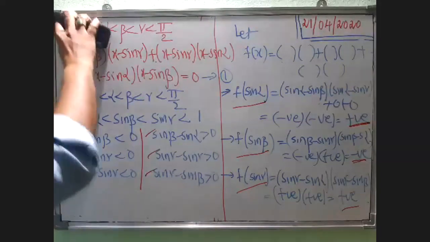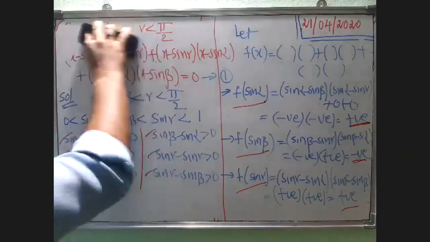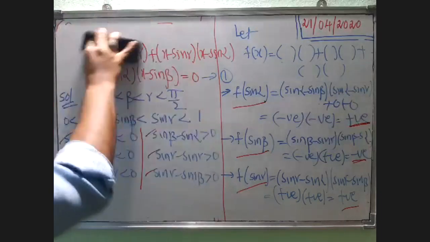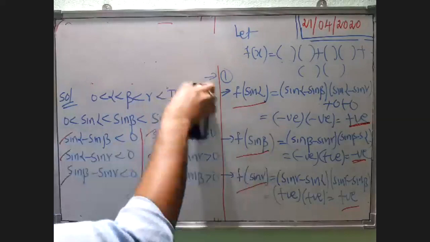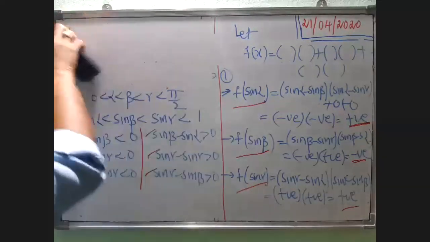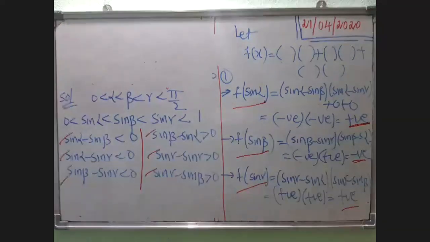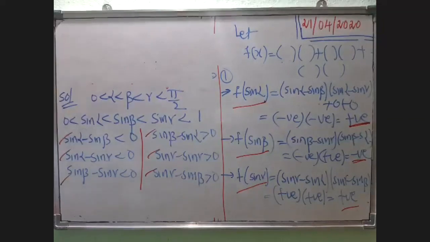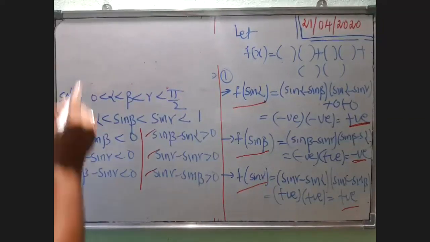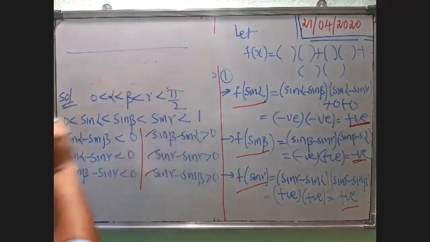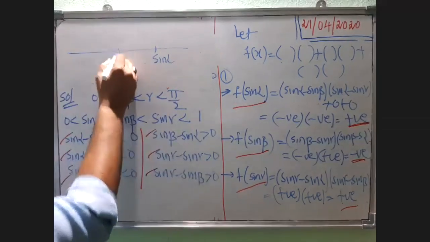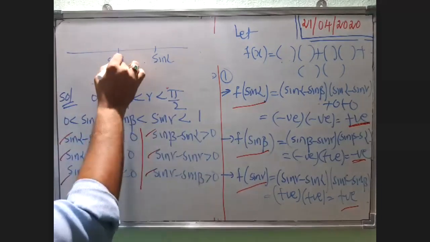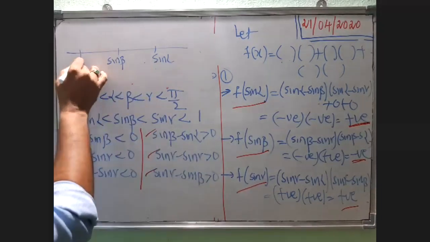Now from this I will show how the graph comes. With sin alpha, sin beta, sin gamma, I get the graph like this. Suppose this is the axis, this is sin alpha, this is sin beta, and this is sin gamma.